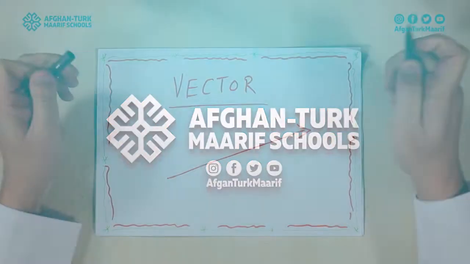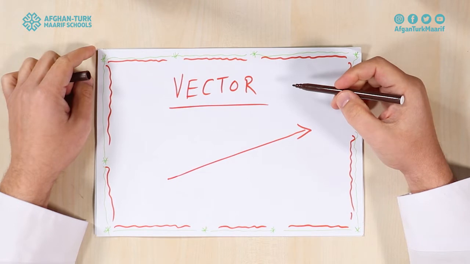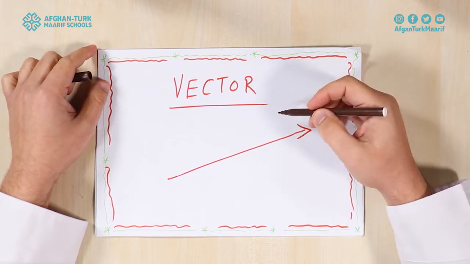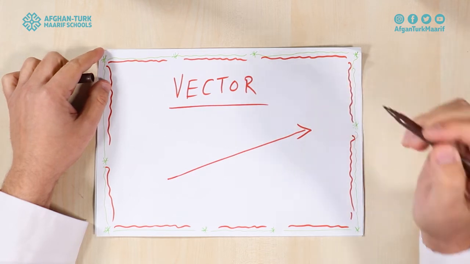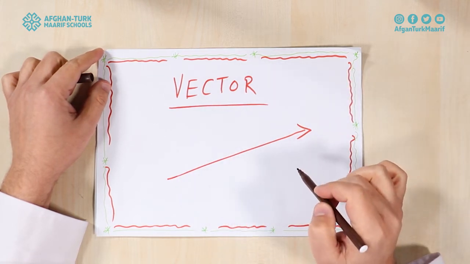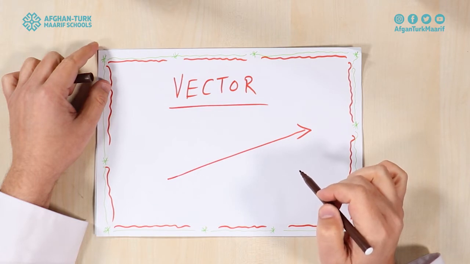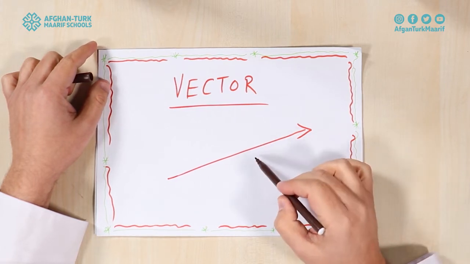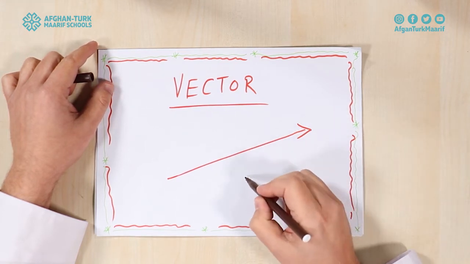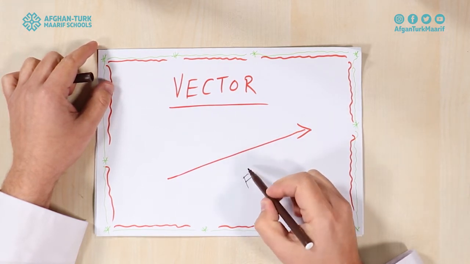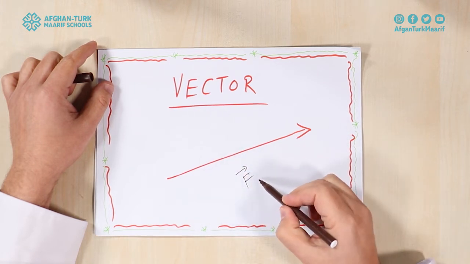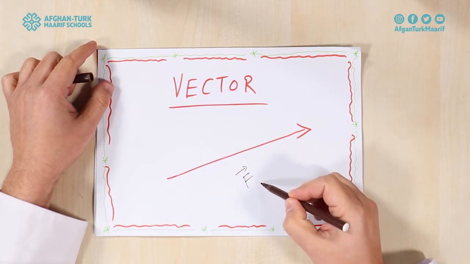Okay, students. Yesterday we already discussed the vector. We already said that in physics we represent a vector with the help of this arrow. Whenever you see a physical quantity with an arrow, we can say this is a vector quantity. For example, force: if the arrow is on the force, this means it is a vector quantity.